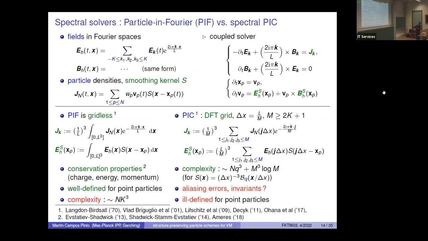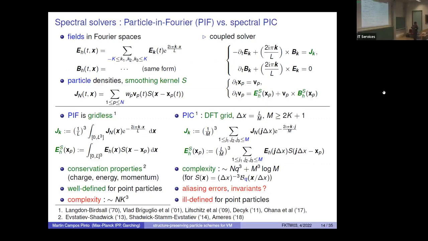So if you take a Dirac mass here, you put it in the continuous integral, and you will just evaluate this complex exponential at the particle position. Whereas here you first evaluate the current density on a grid. So dx is the DFT grid resolution step, and you take a DFT or an FFT of that discrete current density that is evaluated on the grid.